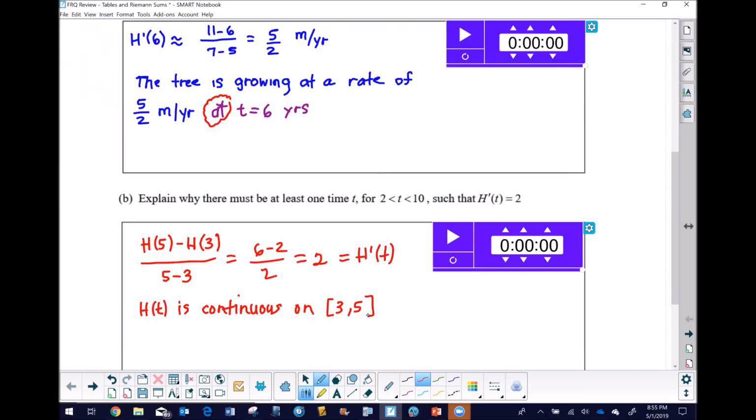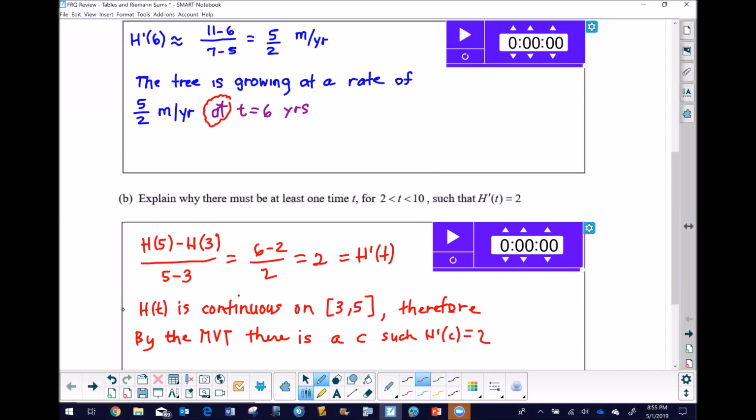So since that's true, you can say therefore, or then, or thus, or as a result, or nothing at all, and just start writing. So therefore, by the mean value theorem, there is a c such that h prime of c is going to equal 2.